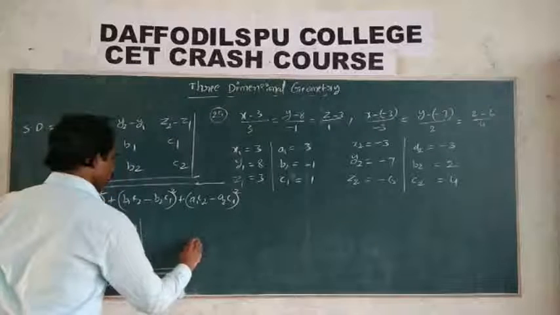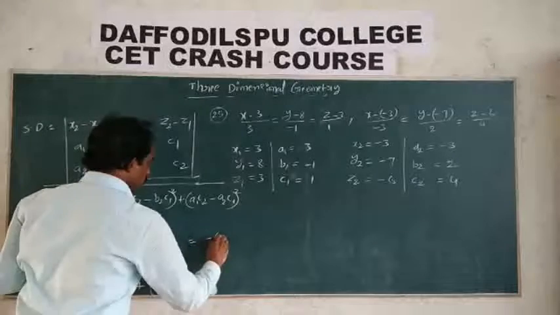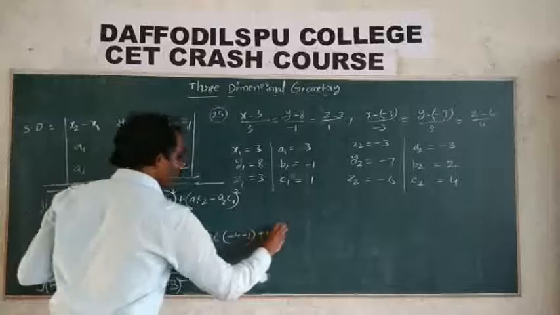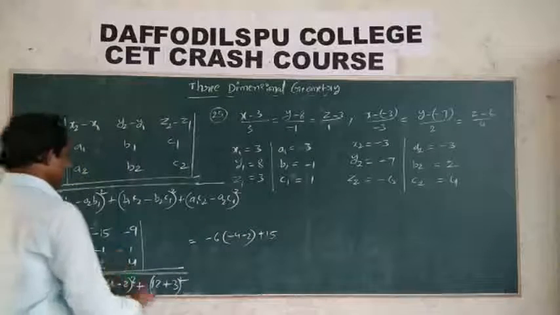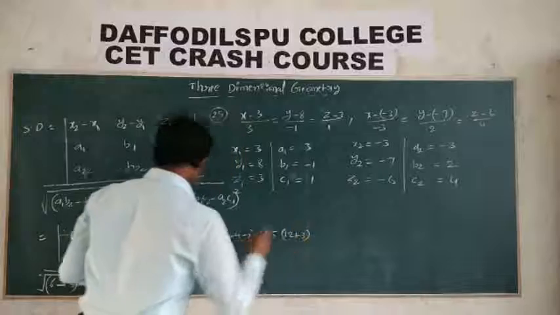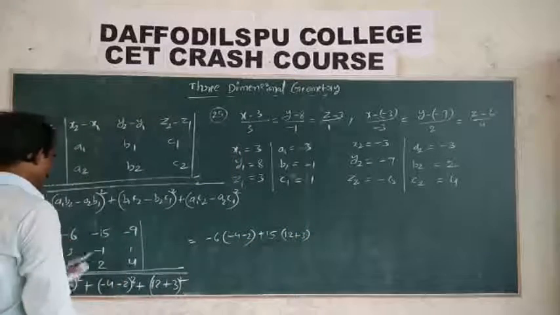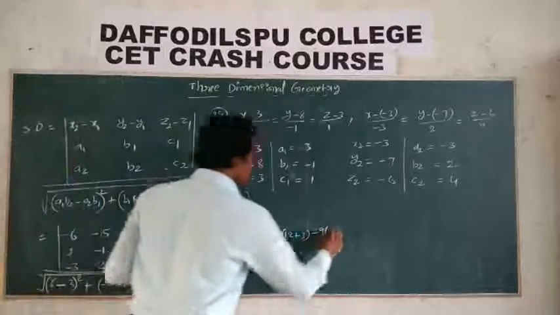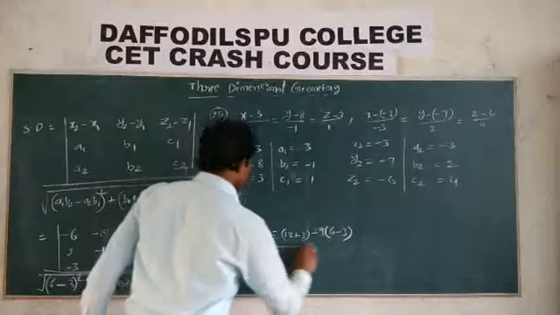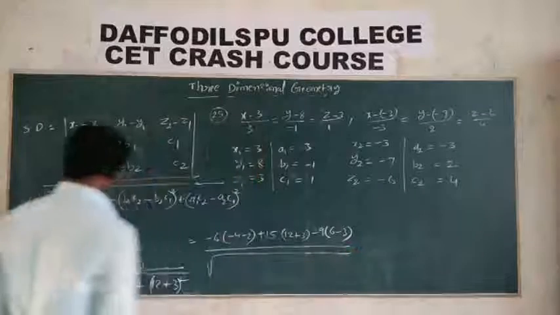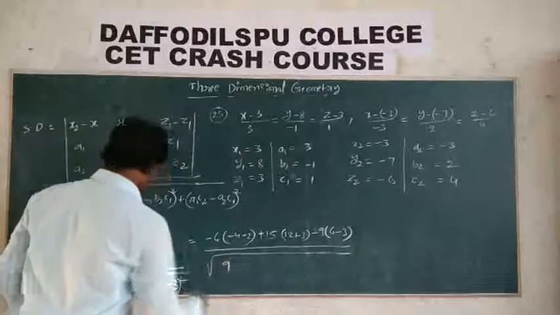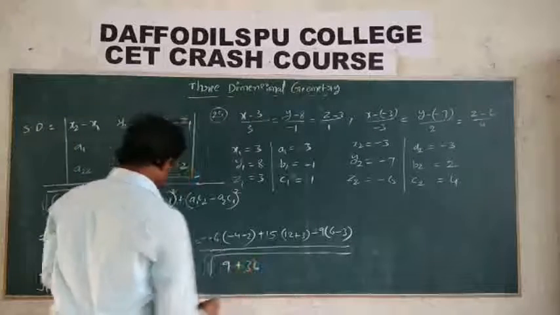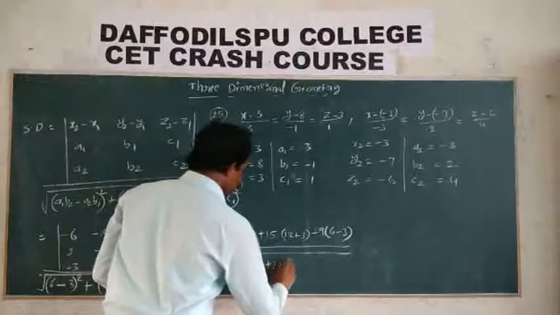Whole square. So therefore, what is this value? This value is equal to minus 6 of minus 4 minus 2, plus 15 of 12 plus 3, next minus 9 of 6 minus 3. Divided by 6 minus 3 square, 9, minus 4 minus 2, 6 whole square, 36, plus 12 plus 3, 15, 225.